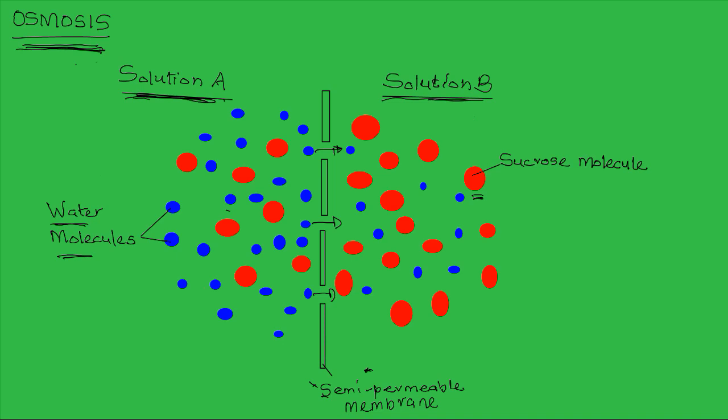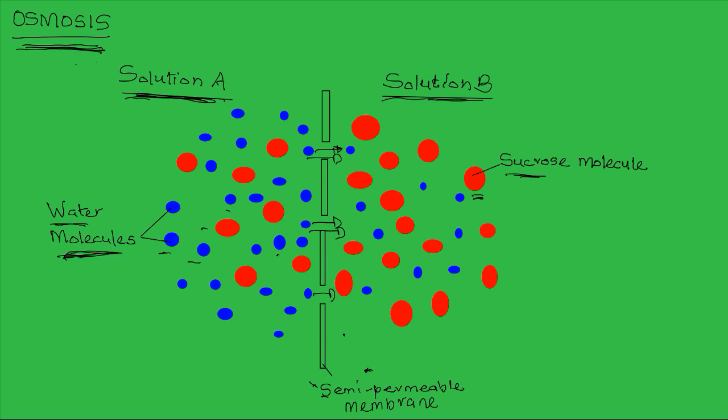So sugar molecules, in this particular case the sucrose, are too large and they are restricted by the semi-permeable membrane and hence cannot move across. So in a nutshell, osmosis refers to the movement of water molecules from a region of their higher concentration, that is solution A, to a region of their lower concentration, that is solution B, across a semi-permeable membrane.